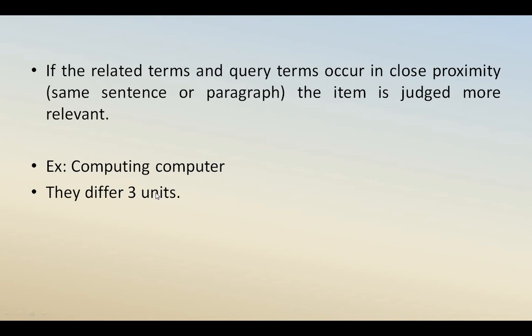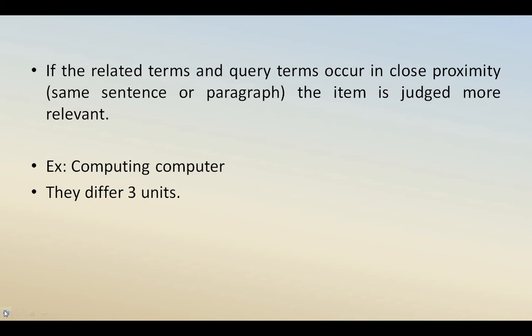So they differ in three units. The related terms and query terms occur in a proximity here of three units. The distance between these two items is determined as 3 units. The words are computing as well as computer.